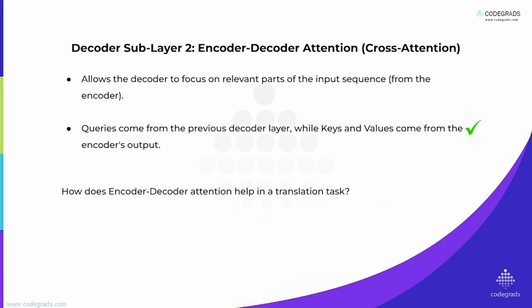The decoder may look at "cat" when translating "gato". So this is the cross attention, in which we have the query vector coming from the decoder while the key and value vectors are coming from the encoder. Generally we use cross attention when we are translating, like from English to Spanish or from Spanish to English, or when we need to summarize some data. At this point of time, we use the cross attention.